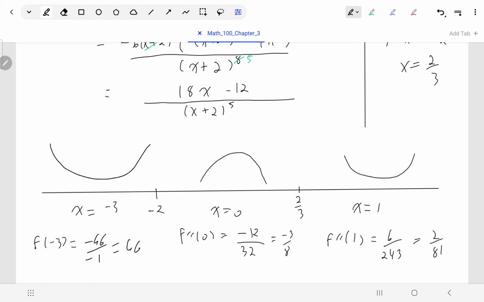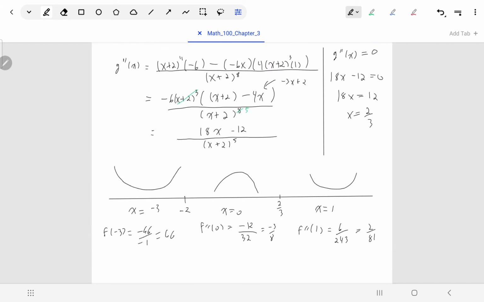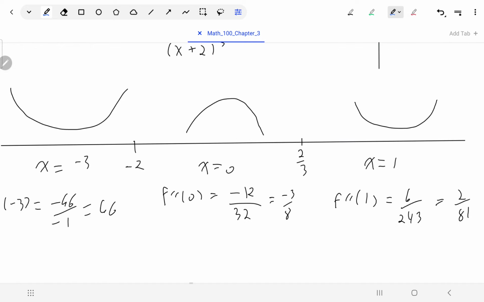So we are concave upwards in that interval as well. So now I can make my little summary down at the bottom. We are concave up in two places, from the far left all the way up to negative 2, and from 2/3 to the right. And where are we concave downwards? Just in the middle between negative 2 and 2/3.